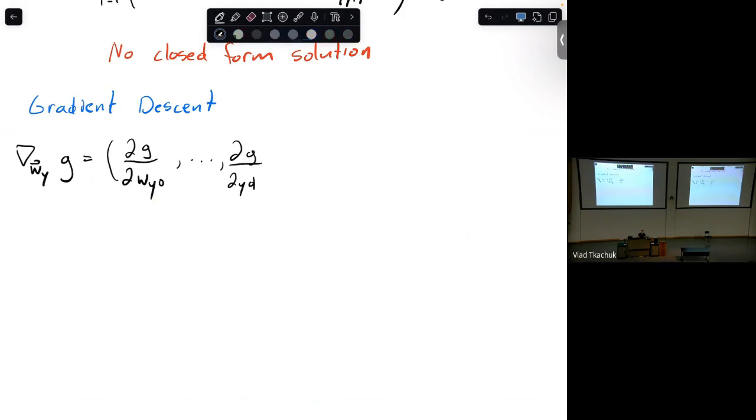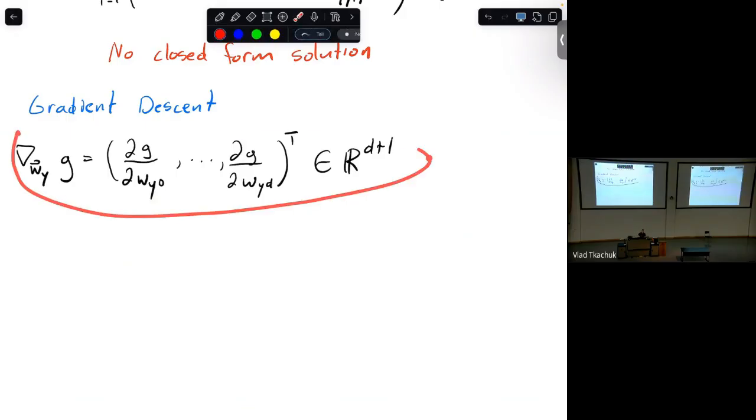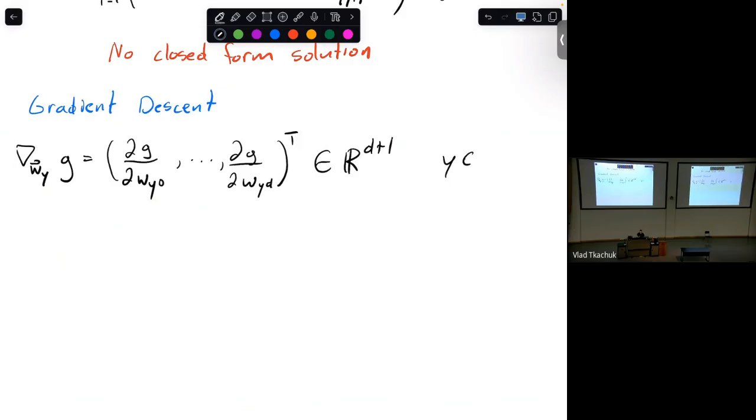So wyd. And as before, this is just an element of R^(d+1), as every gradient we've seen has been. And the difference is you're going to have this gradient for every single y that's in our set of classes. So I've written y is in the set of labels, right? There's 0 up to k minus 1.